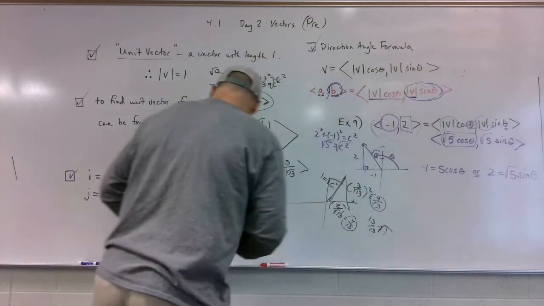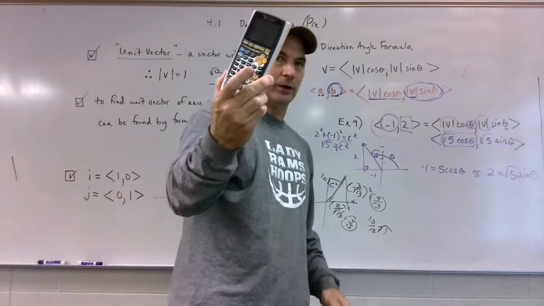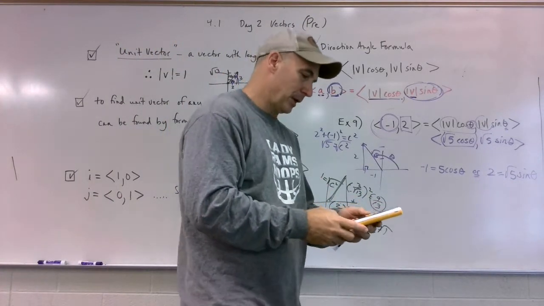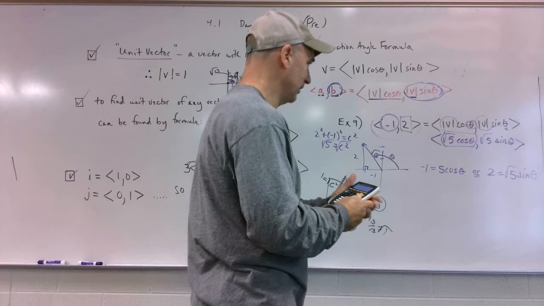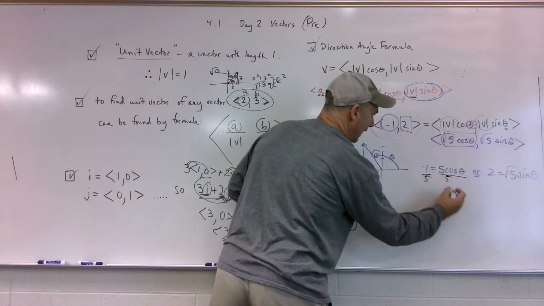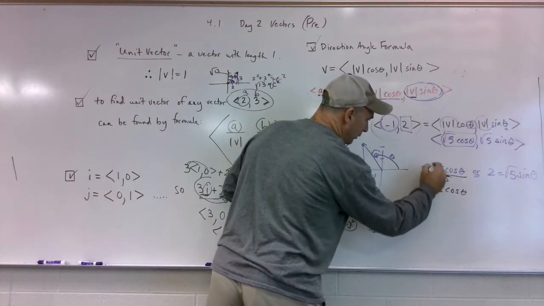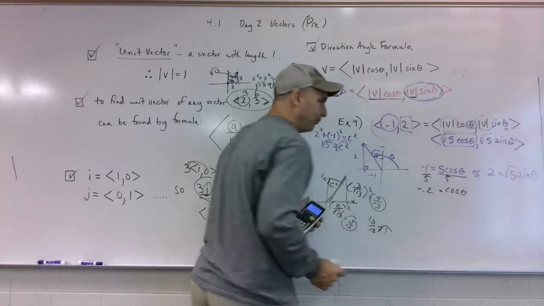And I should have the abilities now to get home from there, but you're going to need one of these wonderful calculators. So watch this. If I said, hey, divide by 5, I'd get cosine of some angle equals negative, now I'm going to convert that to a decimal, 0.2.